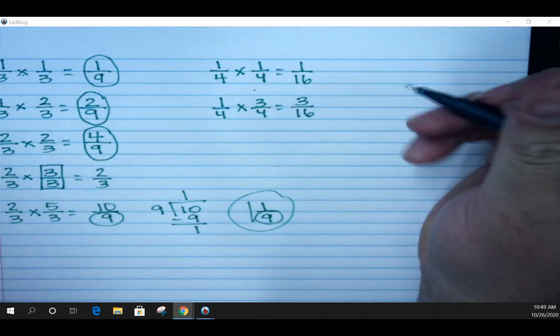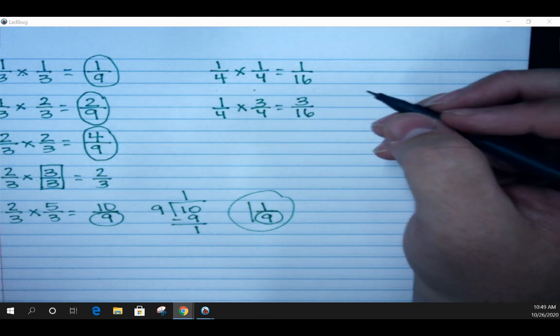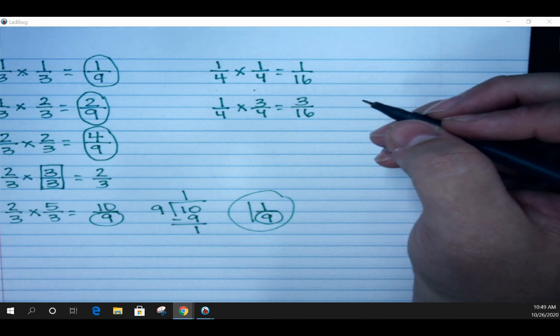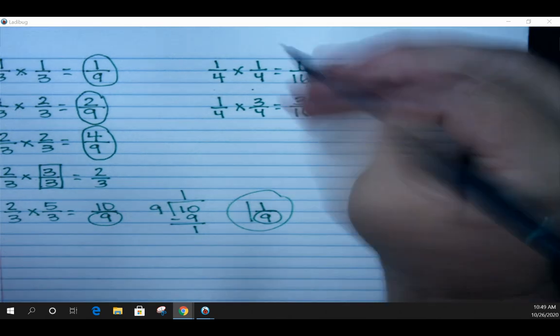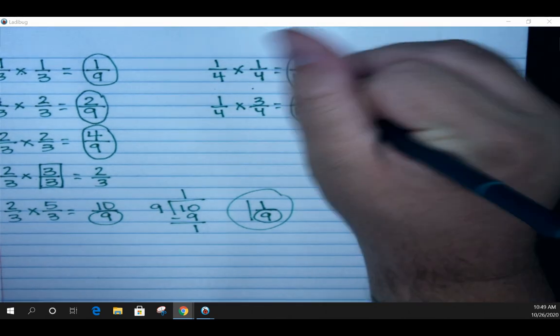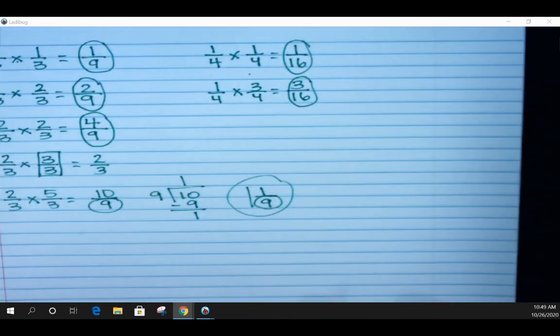Is it simplified? Yes. Look, 3, 6, 9, 12, 15, 18. Yes, it's simplified. Now, can we please mix it up a little bit?